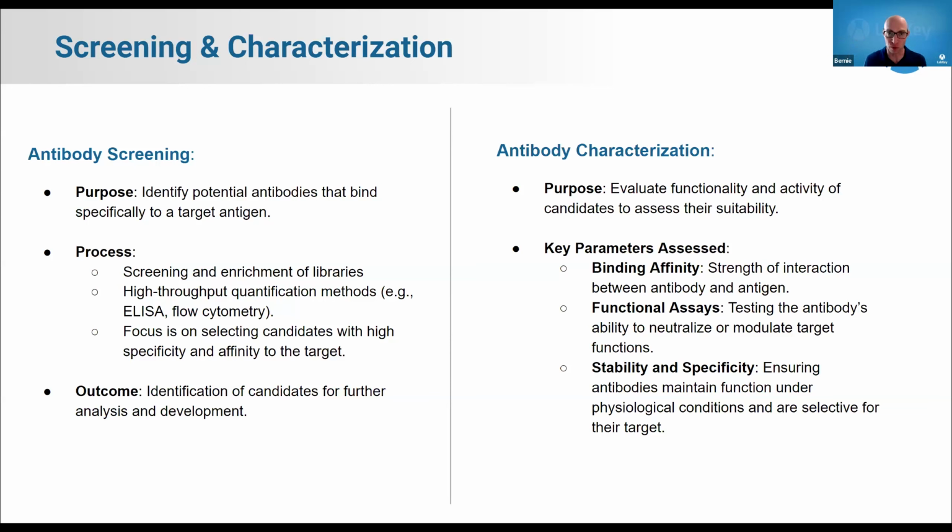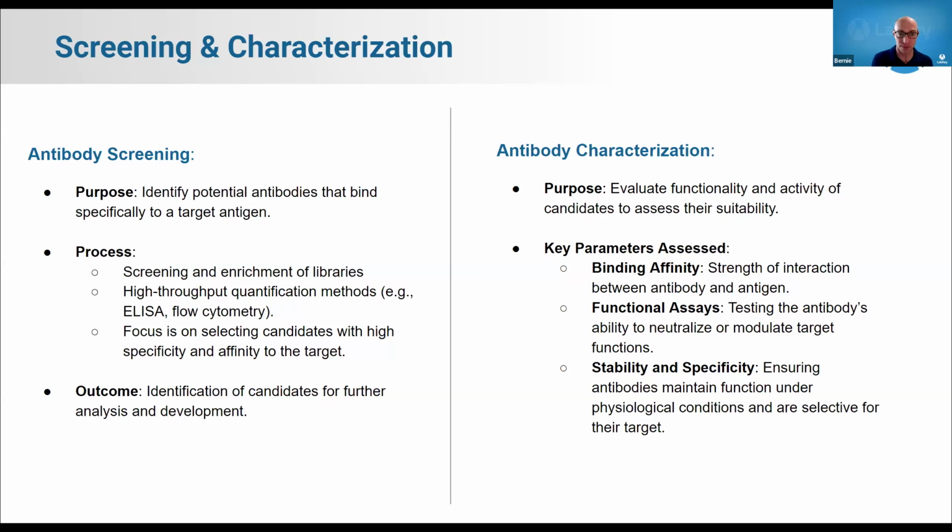And the process involved generally is one in which you screen and enrich sequence libraries, and then you often use quantitation methods like ELISAs and flow cytometry and other sorts of potential high throughput methods to quantify those interactions, and then to select candidates with high specificity, high affinity to the target. And the outcome is the identification of candidates that you want to further analyze, that you want to further develop.